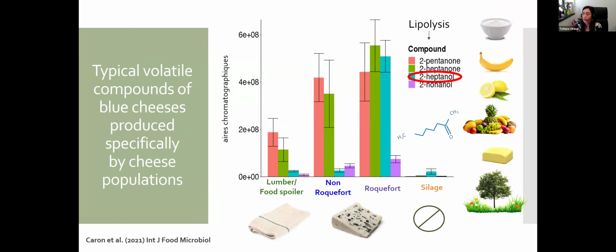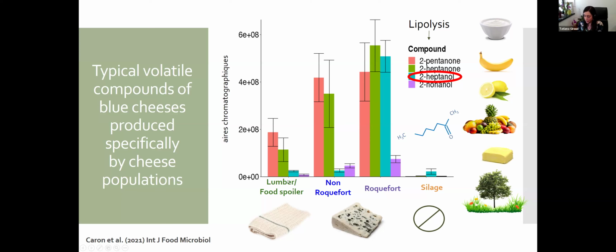We also looked in the experimental cheese at the volatile compounds that are typical of blue cheeses, aroma and flavor, especially the 2-heptanol compound. And we found that it's much more produced in the Roquefort population and a bit in the 2 cheese populations, while the silage population didn't smell of anything at all. And the lumber food spoiler smelled more like wet mold than any blue cheese.